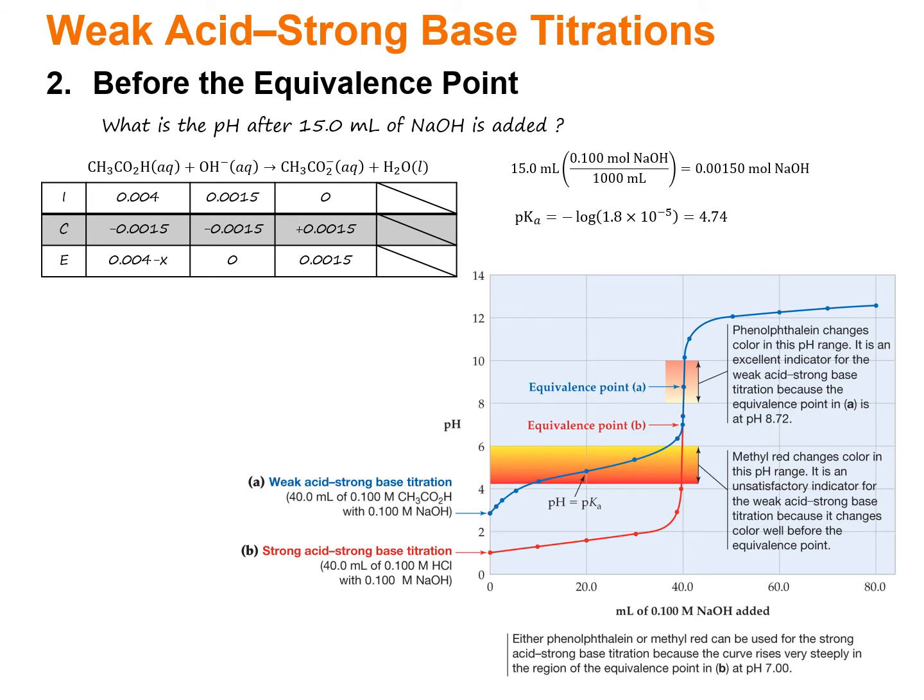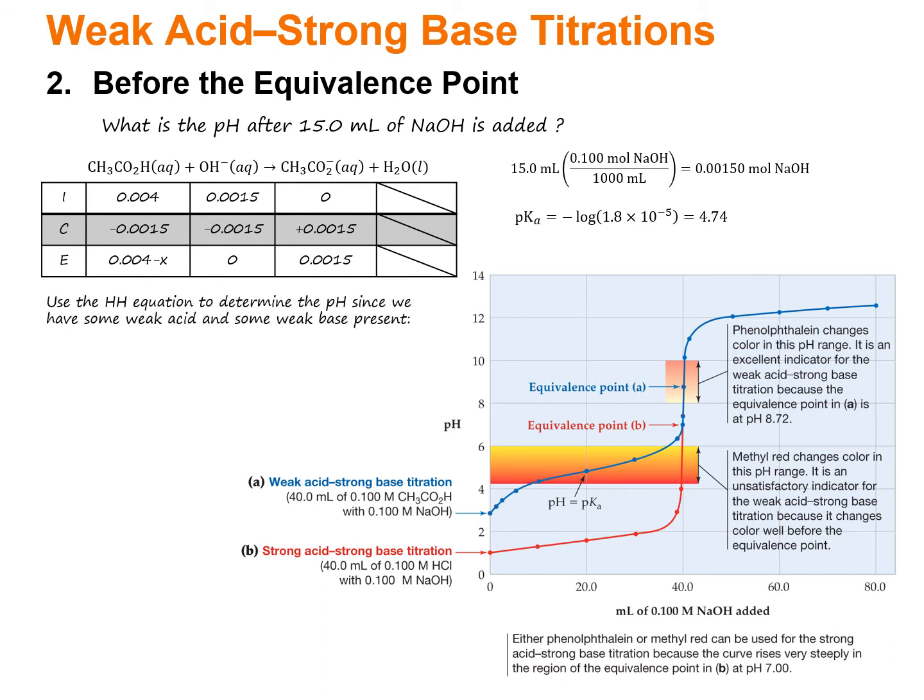And then we have the 0.0015 moles, or 1.5 times 10 to the minus 3 moles, of the hydroxide we've added. And since we know it's going to completion, we're basically just subtracting the amount of moles of sodium hydroxide that we had to start with. And so that's going to end up giving me 1.5 times 10 to the minus 3 moles of the acetate ion. And I'll be left with that 0.004 minus 0.0015 moles of the acetic acid.